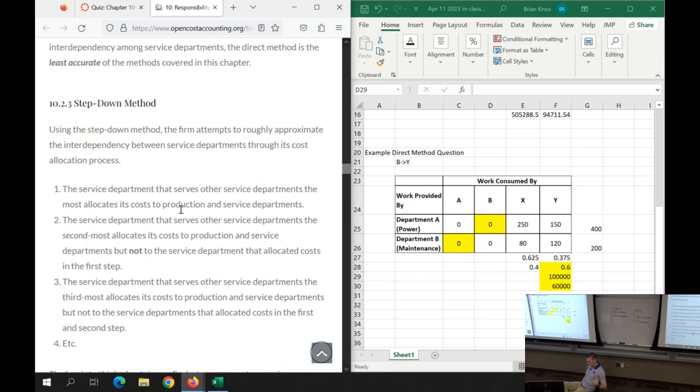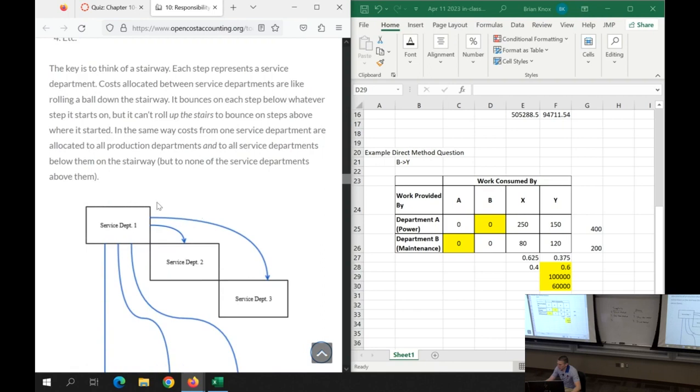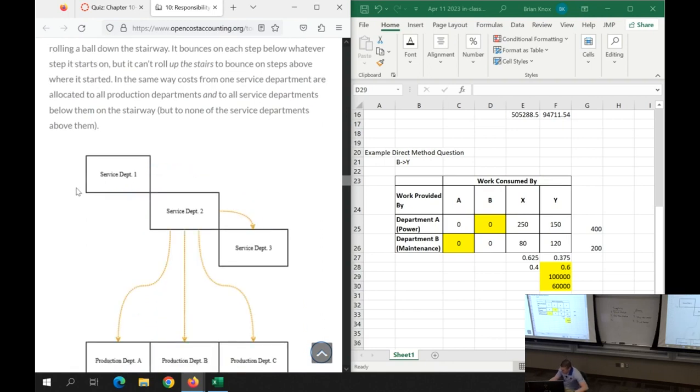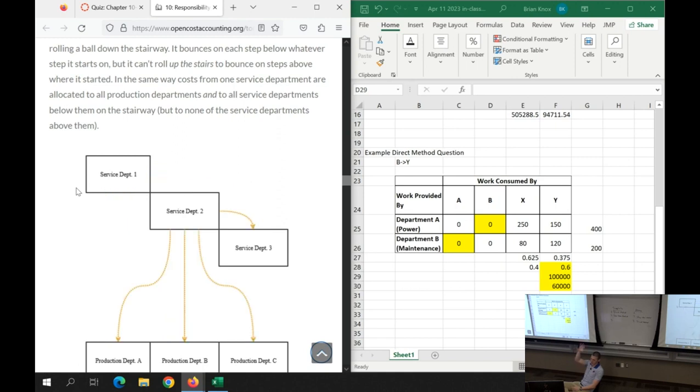So the result of those parameters I just set out is the step-down method, where the first thing you do is take your service departments and rank them in terms of importance to be stepped down. Typically this makes the most sense logically and economically: to say which service department serves other service departments the most, and it's the top step.